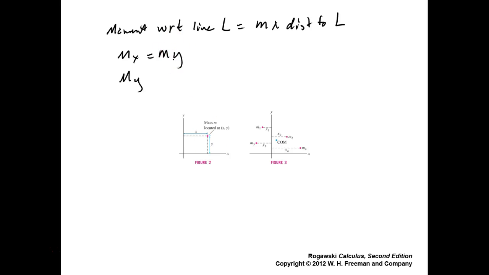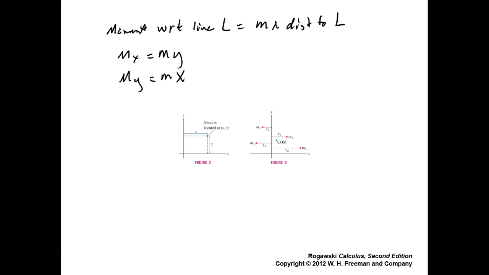So this makes it a little confusing. The moment with respect to the y-axis is the perpendicular distance from the y-axis, and that is your x value. So this is a capital M, that's your little m. Moment with respect to the x-axis is my, the mass times the y distance. Moment with respect to the y-axis is your mx.